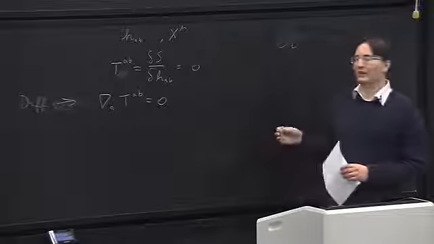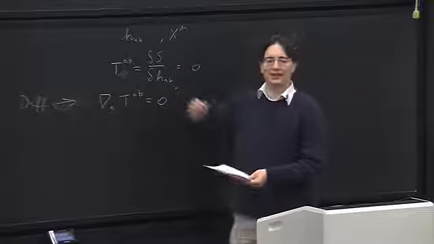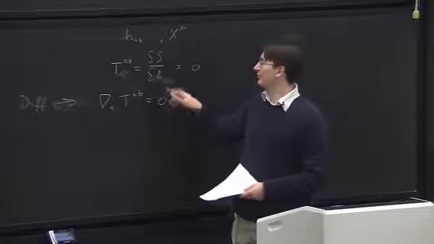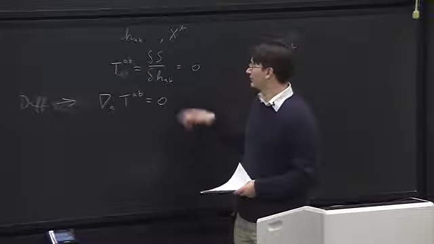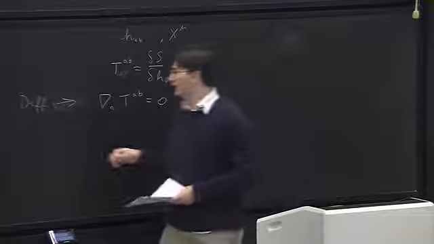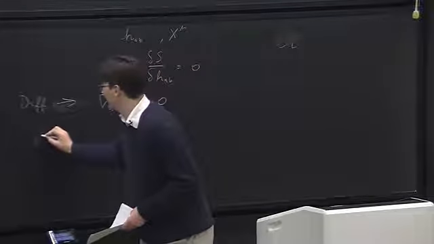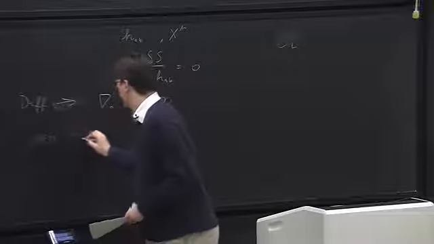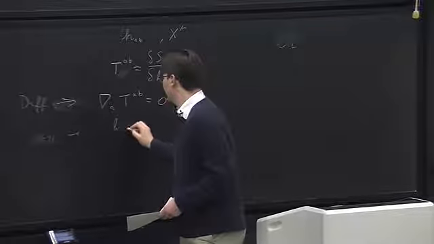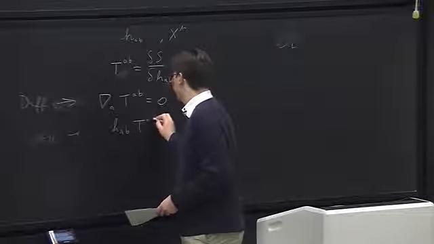If your action is invariant under Weyl transformations, where we just rescale the metric, so change the metric by a multiple of itself, then it must mean that the trace of the stress tensor is 0.